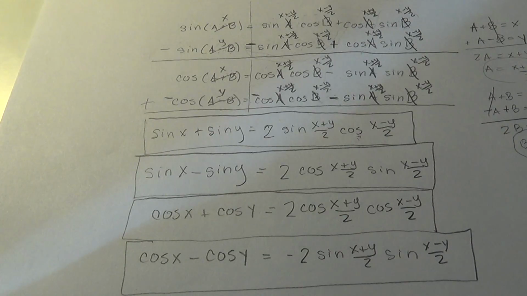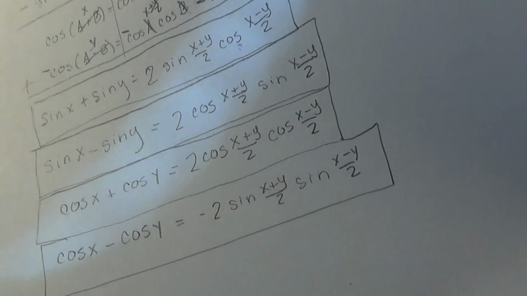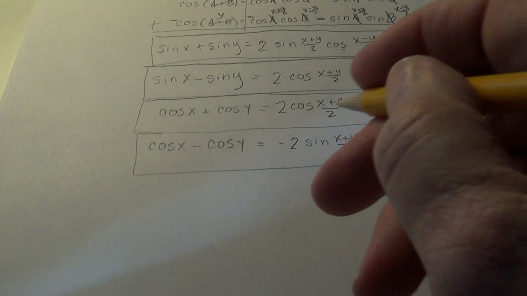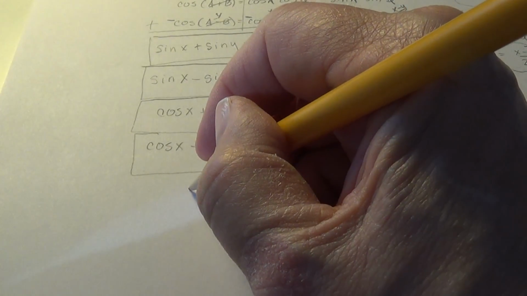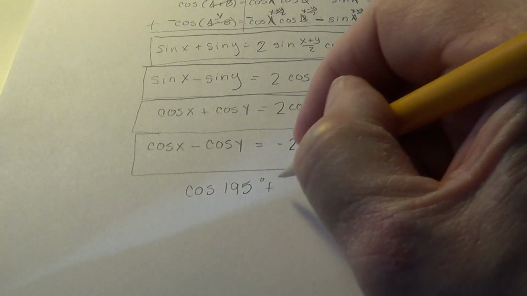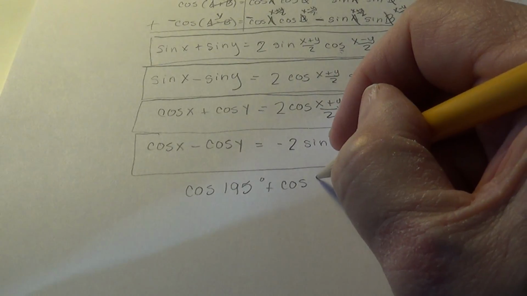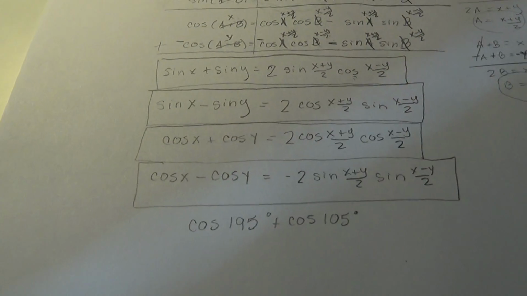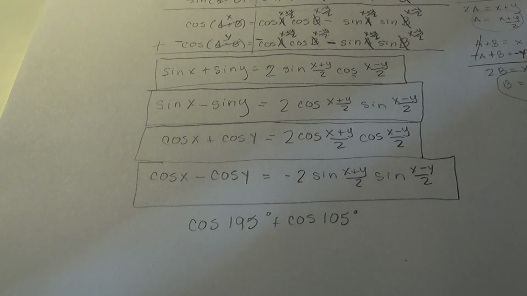And here I'll show you how to do one using them, try to keep them in view. We're going to find the cosine of 195 plus the cosine of 105. So we have to figure out which of our new trig IDs to use.